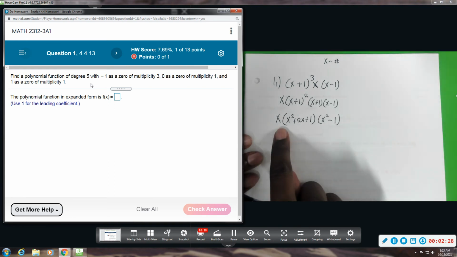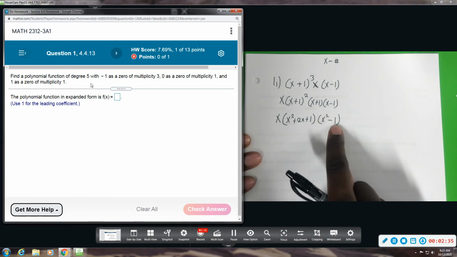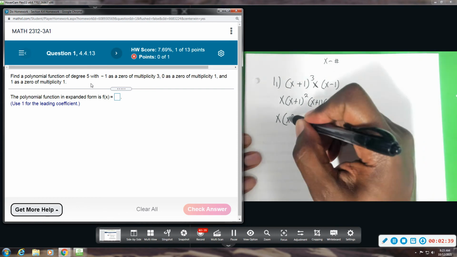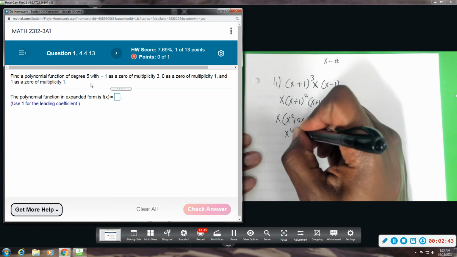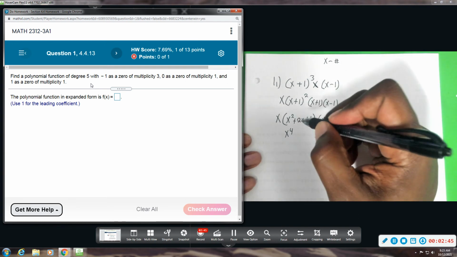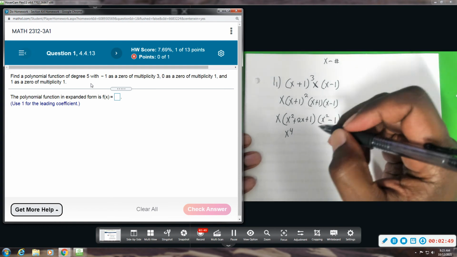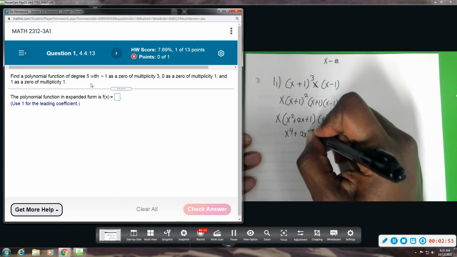So continuing, we're going to do distributive property. Multiply all of these guys times x squared, and then all of these guys times -1. And then lastly, I will distribute the x through. So I'm going to do x squared times x squared. That's going to give us x to the 4th. And then we're going to do 2x times x squared. That's going to give us a positive 2x to the 3rd.